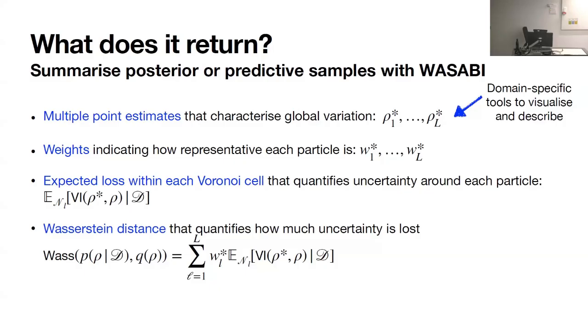We get the expected loss within each Voronoi cell, which tells us how much uncertainty there is locally for each particle. And then we can combine these two things to get out the Wasserstein distance, which tells us how much information is lost with this summary.